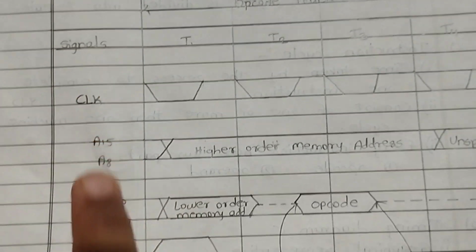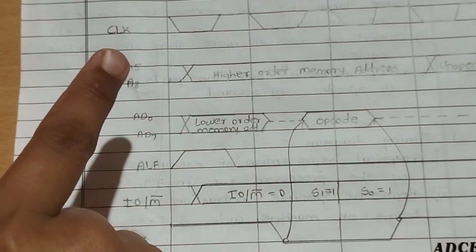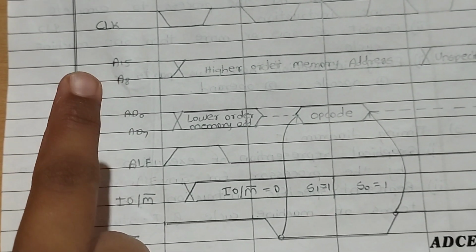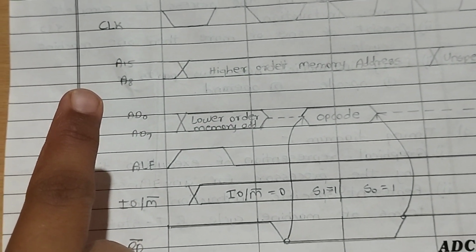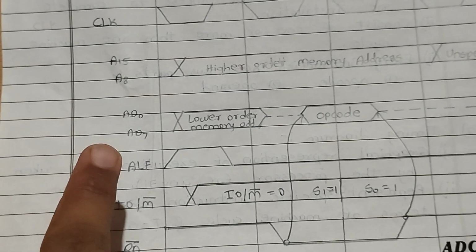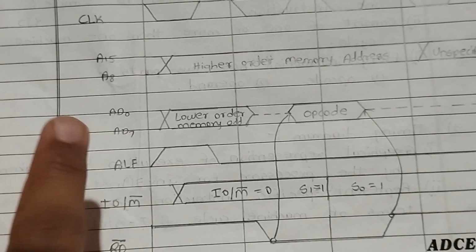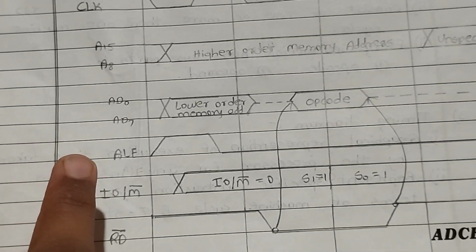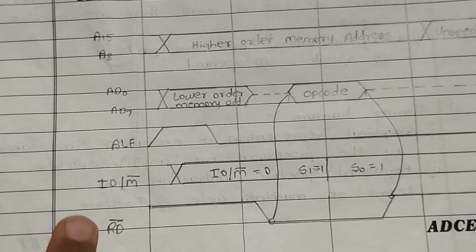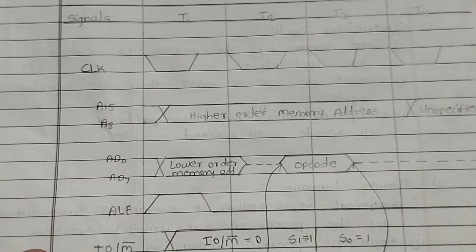Then write all the signals we want to draw in the machine cycle: clock signal, A15 to A8 for the higher order memory addresses, AD7 to AD0 for the lower order memory addresses and the opcode, meaning data. Then ALE, IO/M bar, read and write. These signals we write here.